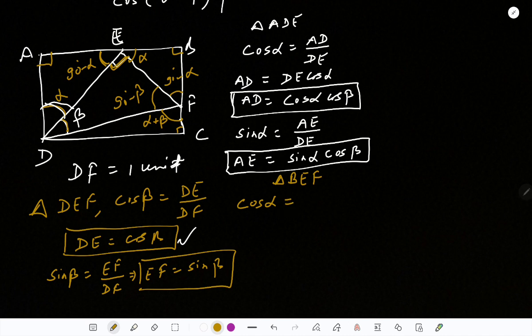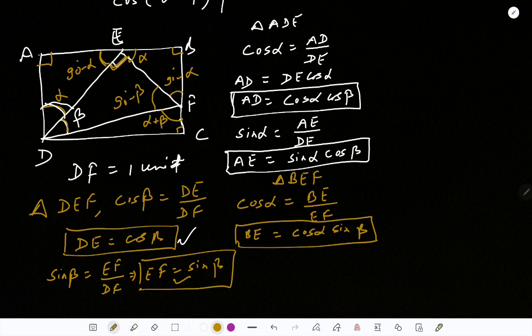Cos alpha is base, that is BE, upon EF. EF is the hypotenuse here. EF, you know from here, is sin beta. That means you got BE equals cos alpha sin beta. So you got another value, BE equals cos alpha sin beta.